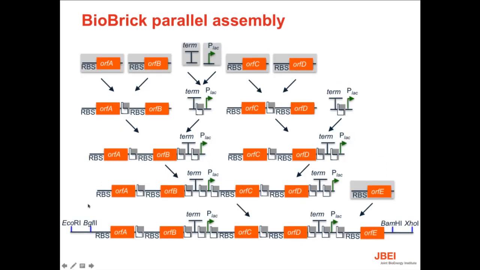So if we have something more complicated, maybe 1, 2, 3, 4, 5, 6, maybe 7 different parts that we want to put together, we have lots of just two-at-a-time assemblies to do. So you have this binary assembly tree with lots of steps. And every time you put together two parts, you end up with a scar sequence, which you can't control. Those are some of the limitations of the BioBrick approach.